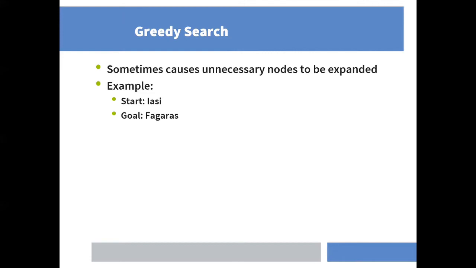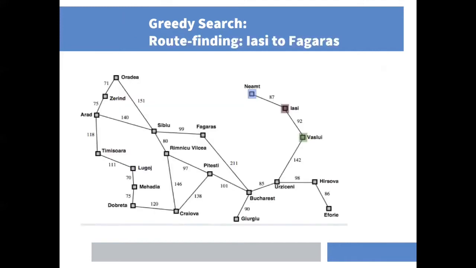So greedy search sometimes causes unnecessary nodes to be expanded. For example, if we start with Iasi and our goal node or state is Fagaras, let's take a look at the map again. So this is the initial state here, Iasi, and we want to go to Fagaras.